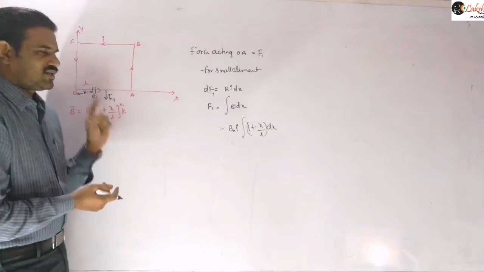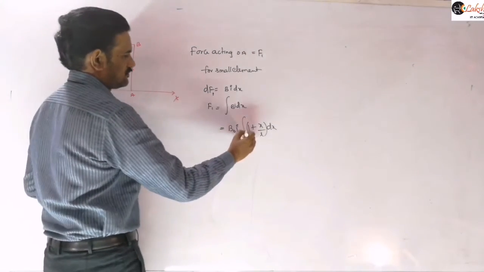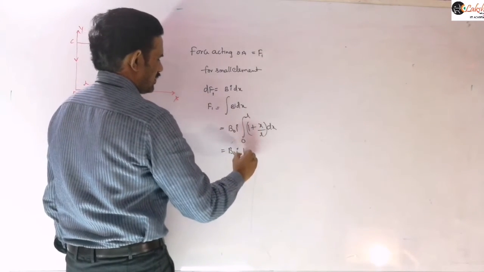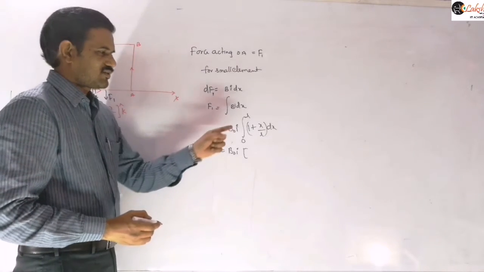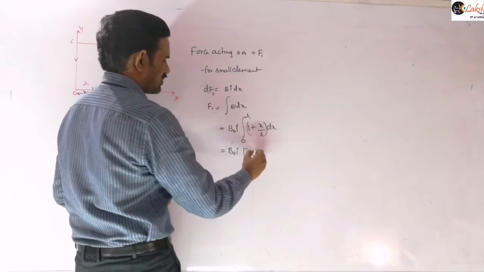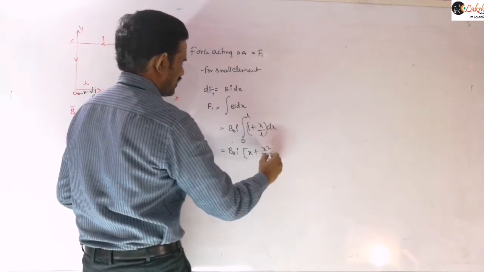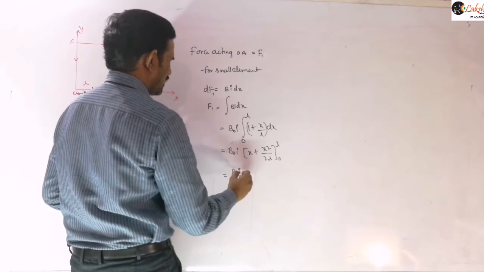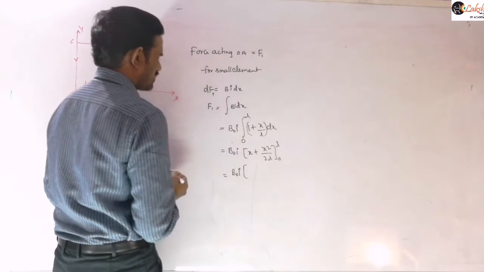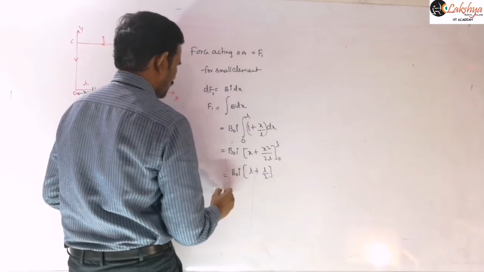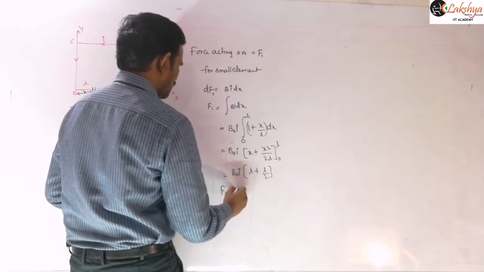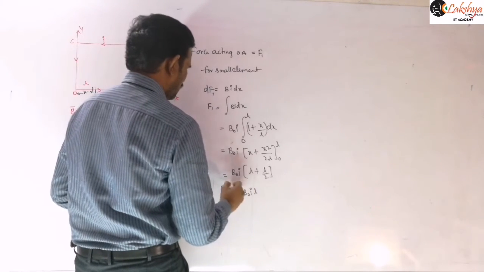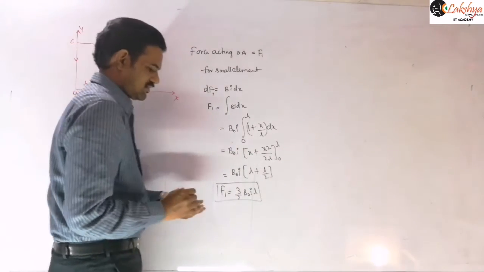Now the limits are x varies from 0 to L. So it is B naught I into, the integral of 1 gives x, so we get x plus x square by 2L, with limits from 0 to L. Substituting the limits, this F1 is equal to 3 by 2 into B naught IL. So this is our F1 value here.